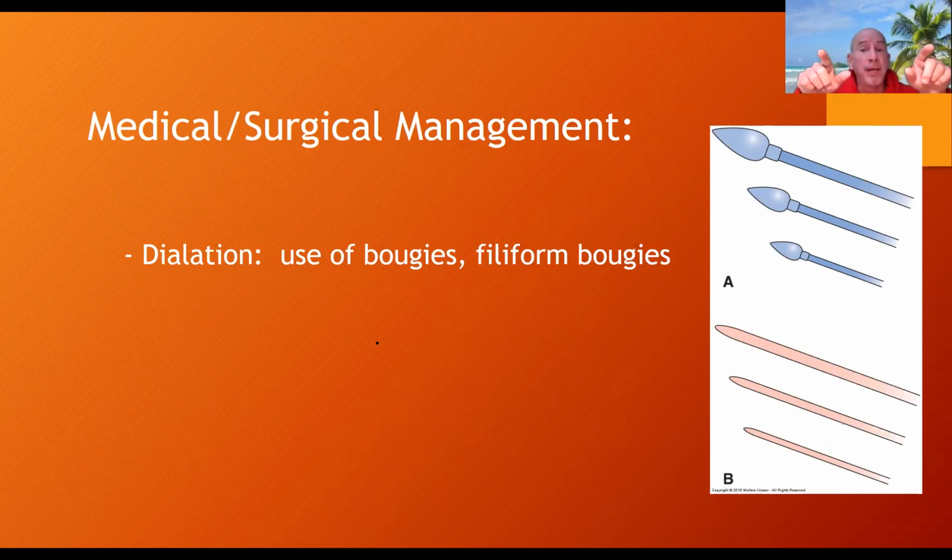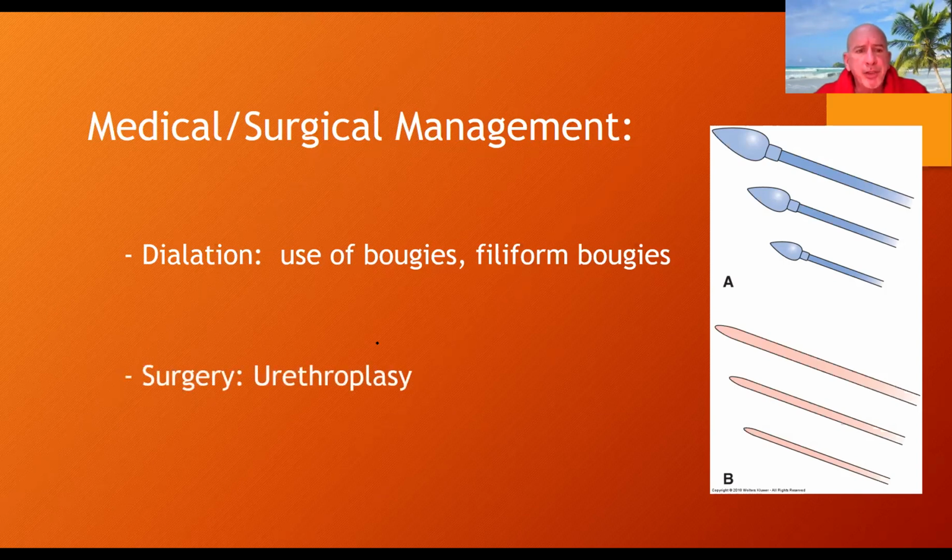Some of them are metal and really quite scary when you look at them, to be honest. But this can only be done by a urologist. They're the only ones trusted to do this, because so much can go wrong. You may have to assist the urologist, but we don't deal with the bougies.